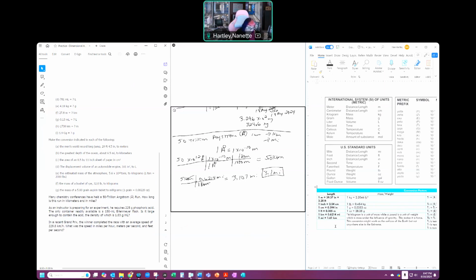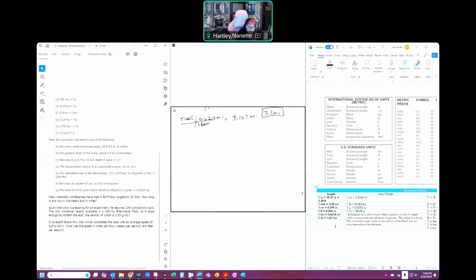Again, if I divide my 5 kilometers by 1.61, I should end up with the same number. Yep, I do. And that's good, because I should. That's awesome. So that's one of them. Next one says, as an instructor in preparing for an experiment, he requires 225 grams phosphoric acid.